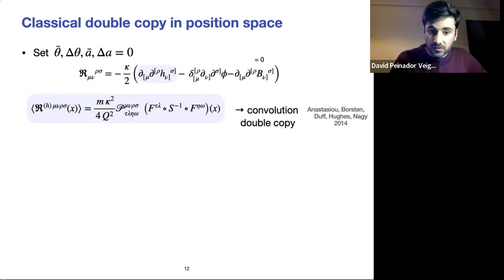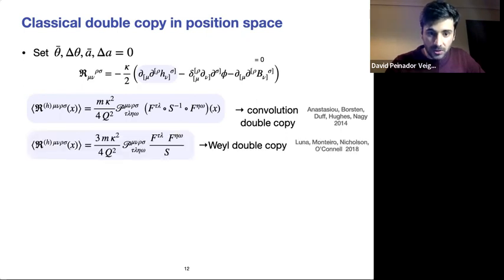This expression is very reminiscent of the convolution double copy introduced in 2014 by Anastasiou, Borsten, Duff, Hughes, and Nagy. Moreover, we can take this one step further by using some of the properties of the scalar potential and realizing that this convolution can be turned into a normal product in position space.